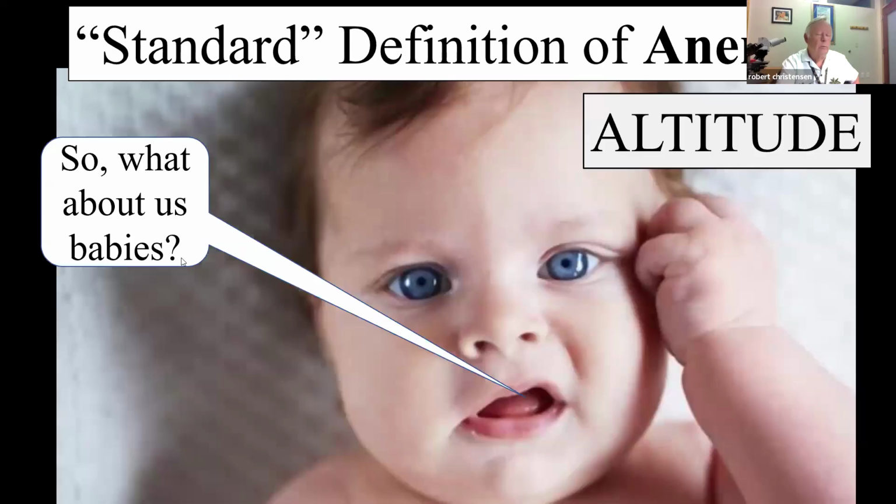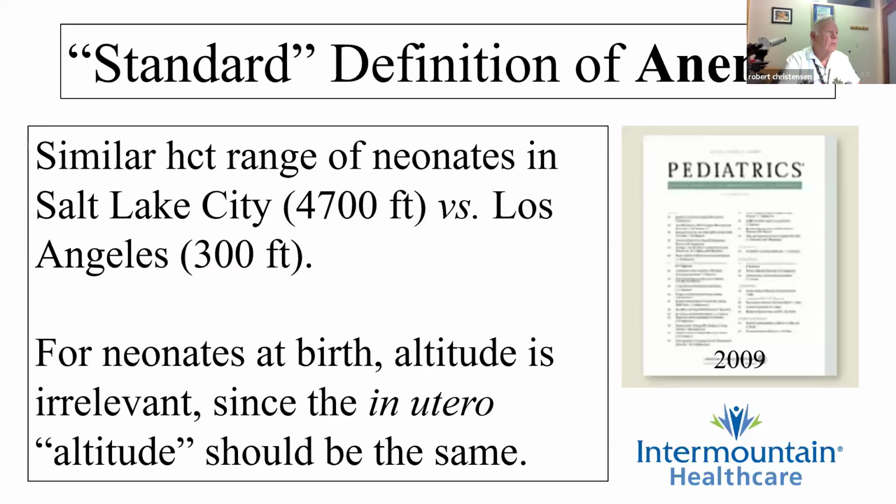And my question is, what about babies? Do we need one set of normal values for Denver, Albuquerque, and Salt Lake City, and another set for the coastal cities? And so we looked at hematocrit ranges of neonates in Salt Lake City versus Los Angeles, pairing them, and they were the same. It didn't matter at all.